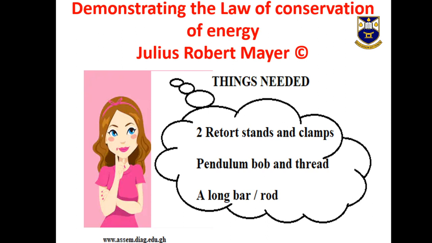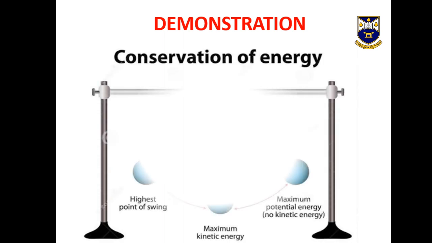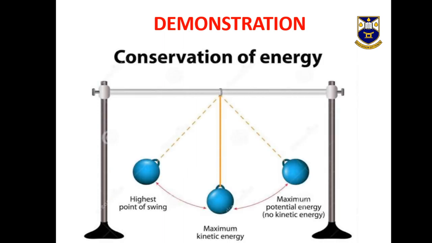And what we want to get is a bulb hanging at a fixed point that can be displaced. You displace it to a certain angle and you let go of it, and it goes up and down, a form of oscillatory motion.